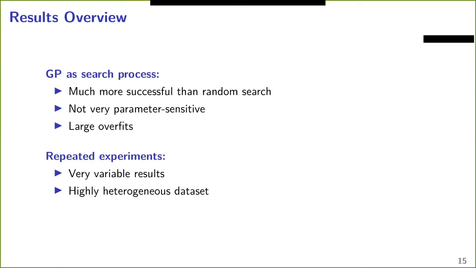What we've seen from our repeated experiments is that the results were very variable, and that can be explained by a highly heterogeneous dataset. Some of our instances were really hard, whereas some were really easy, and depending on where you put them, during training, validation, or test, you obtain very different results. Even so, we tried to control for that.